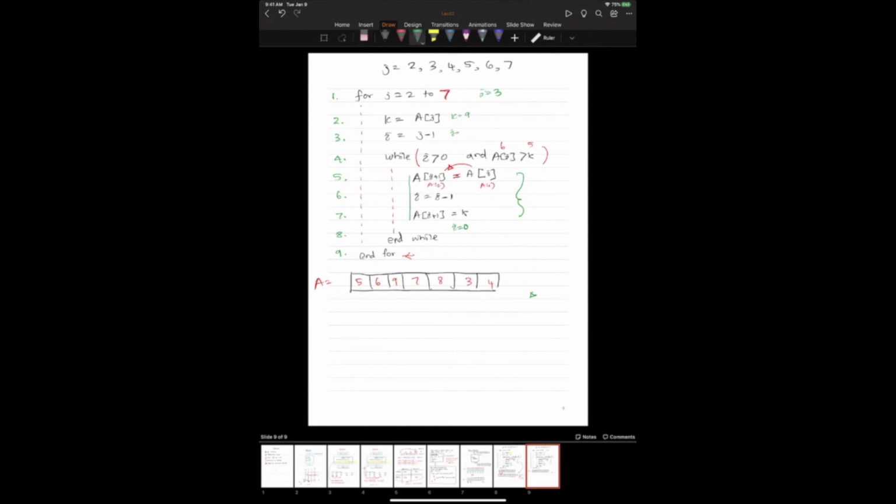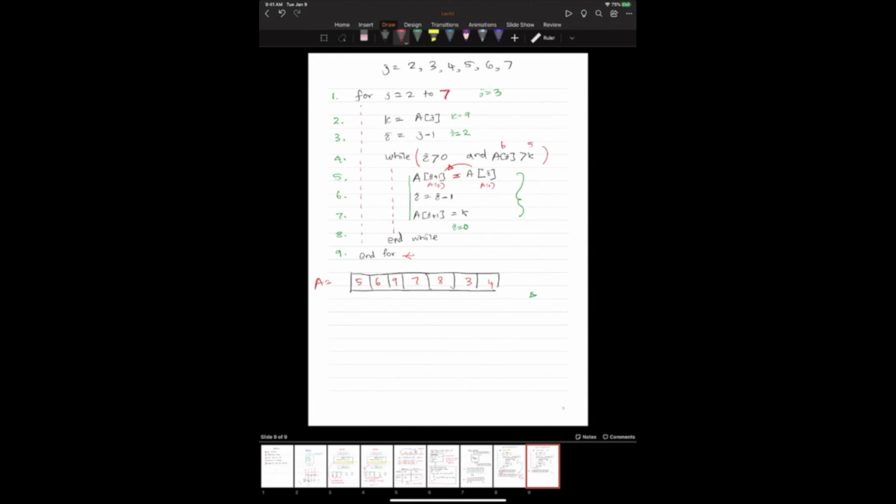i is 2. Now we are entering the while loop. So is i greater than 0? Yes, 2 is greater than 0. Now is Ai, so that means A2, that is 6.